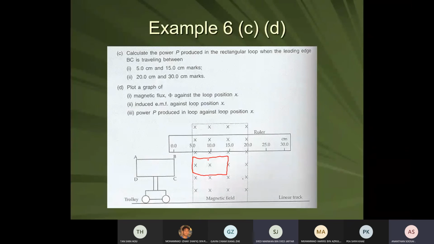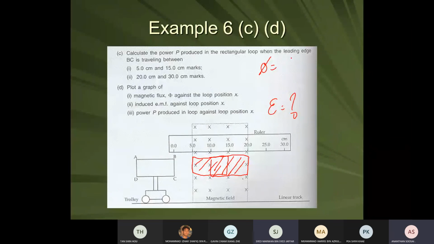It will reach 15, then the coil is completely inside, just moving to the right and coming to a new location, 15 to 20. Is there any EMF induced? Anyone? Is there a flux change? Flux change or no flux change?